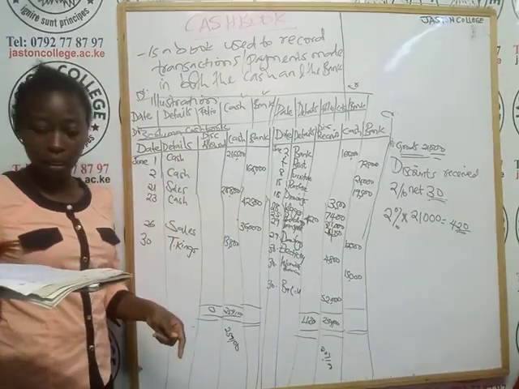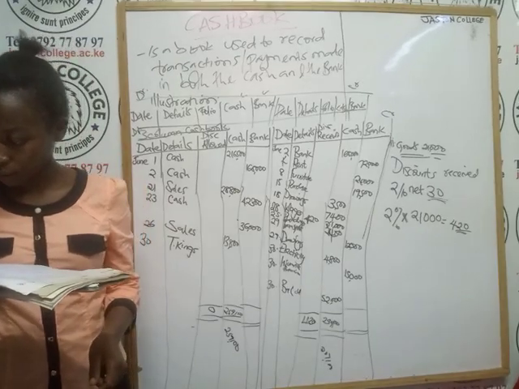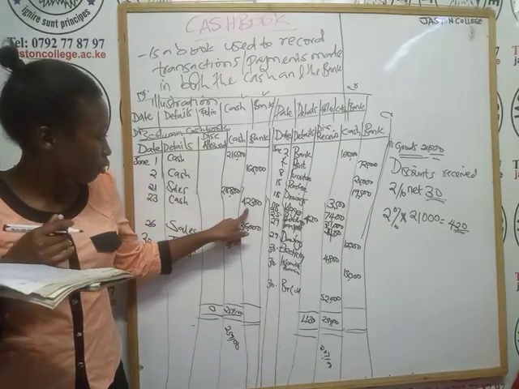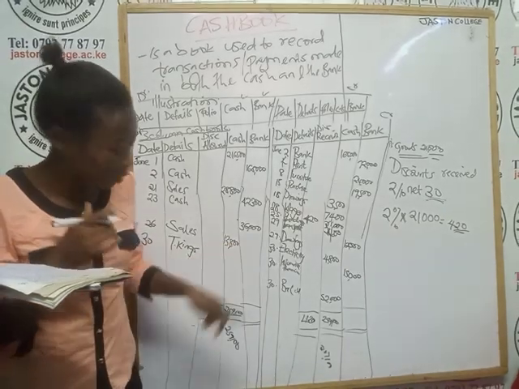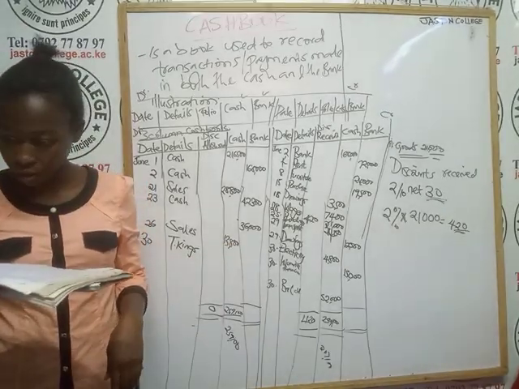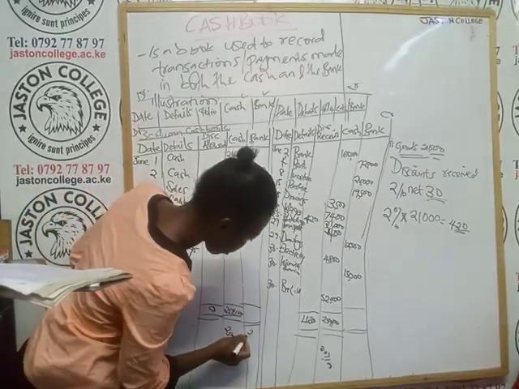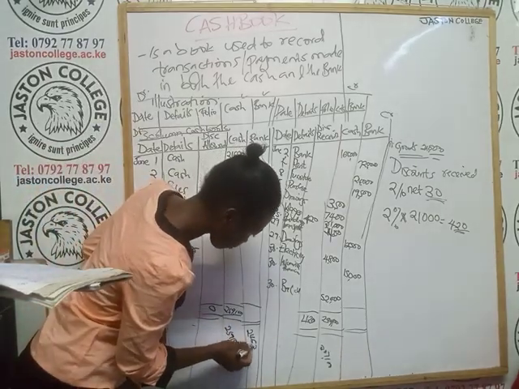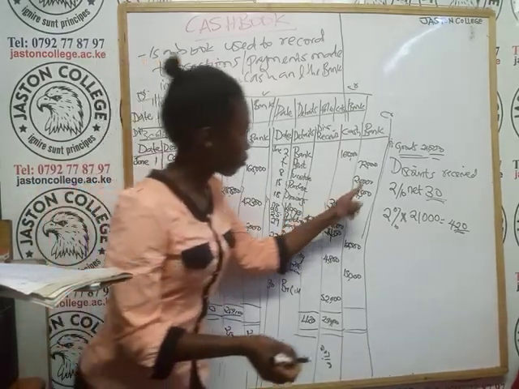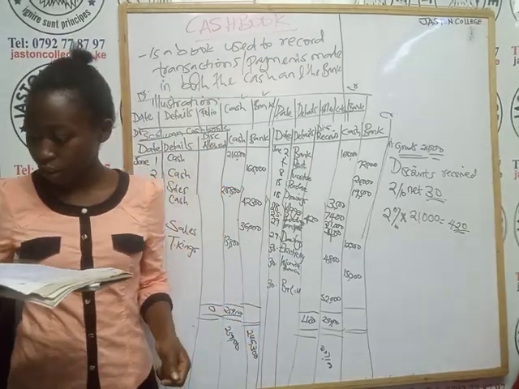Let's do from the bank. We have 168,000. We add 42,300. We also add 36,000. We will get 246,300. We also do the same from the other side, the credit side, 72,000.